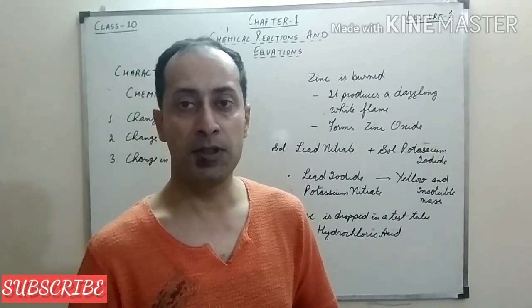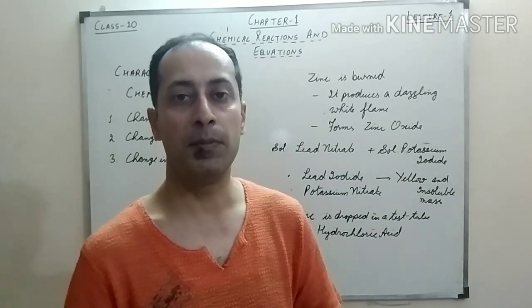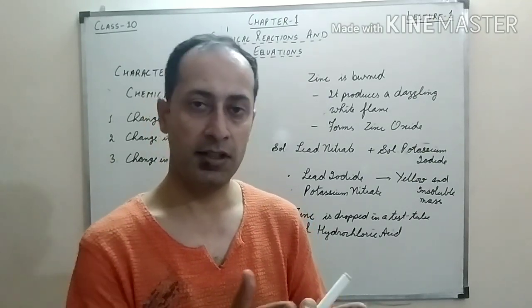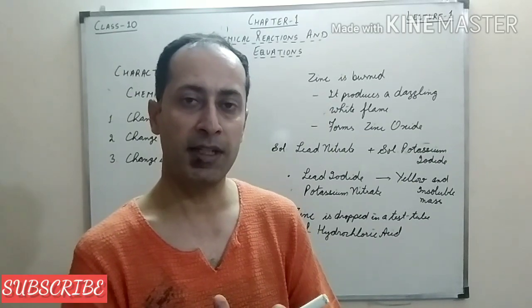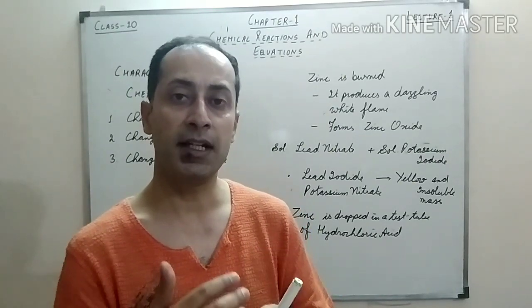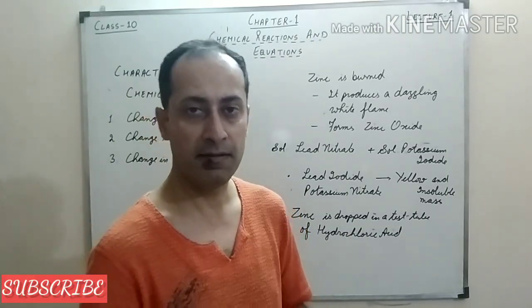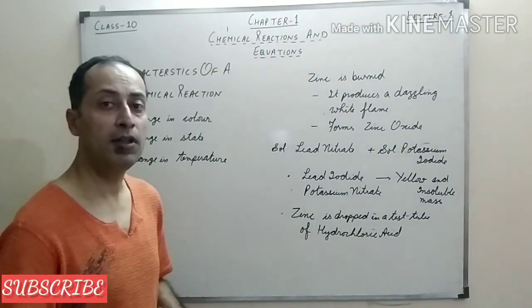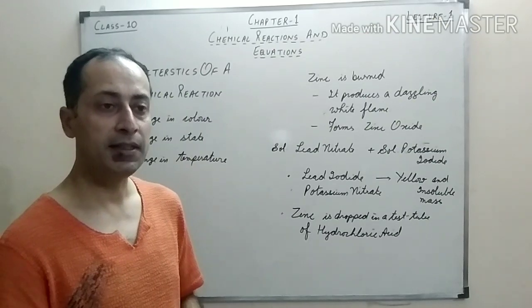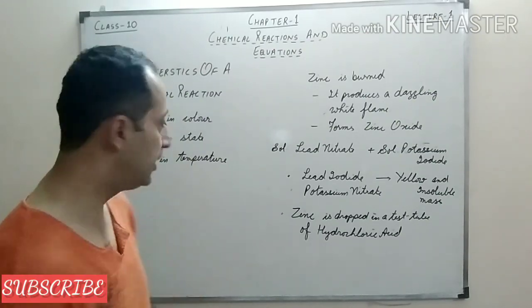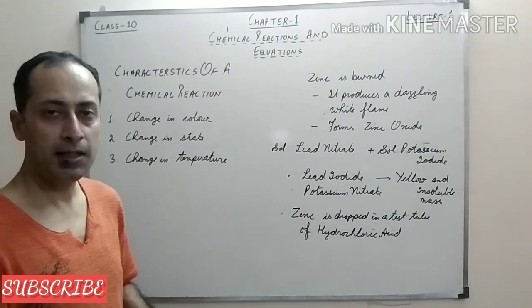Why does it start becoming warm? Because of the reaction. The zinc is reacting with hydrochloric acid. The atoms inside them are colliding with each other, because of which the temperature starts rising, right? You can say they are evolving energy. So we say change in temperature.